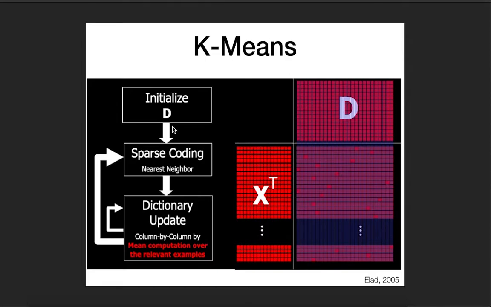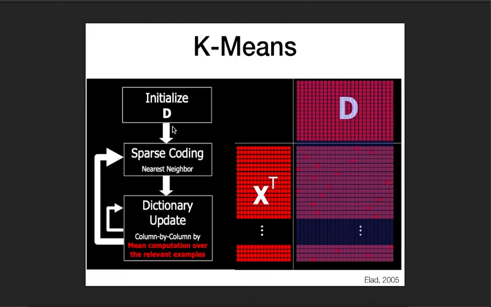So let's first consider this scenario, k-means. Let's say my dictionary is a bunch of points in some space, and now I have a bunch of patches, and I'm doing k-means on it. What does it mean? You first take each point and search which point is the closest.